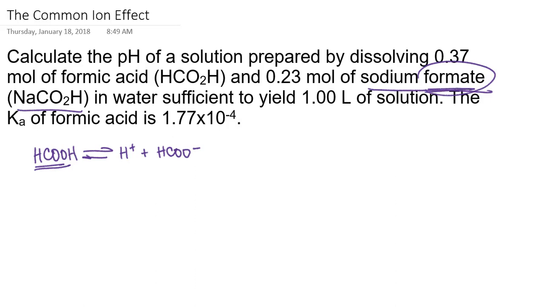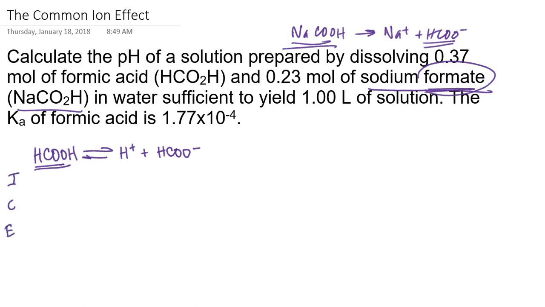And since that dissociation process, which I'll show up here, is a 1-to-1 process, then basically what I'm going to get is a 1-to-1 relationship between the concentration of the sodium formate and the concentration of the formate ion I get after dissociation. So I'm going to incorporate that into an ice table.